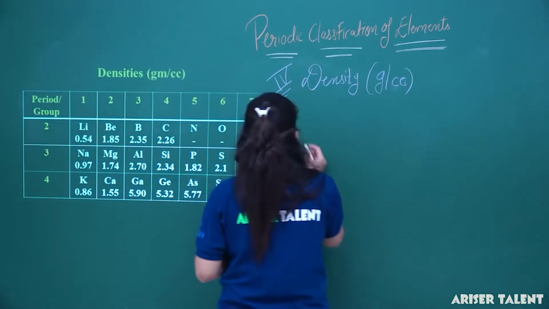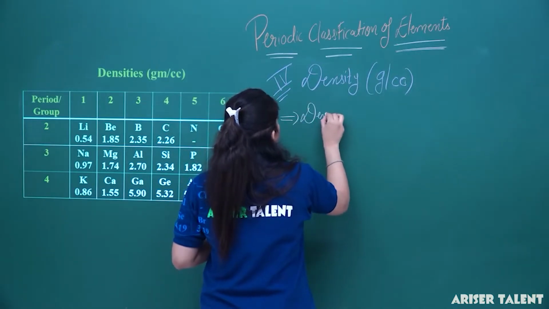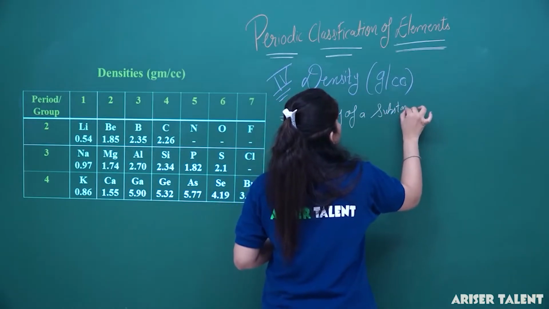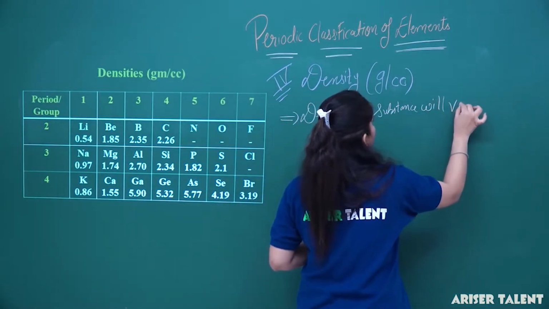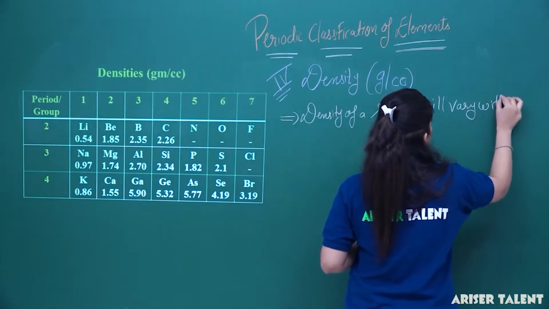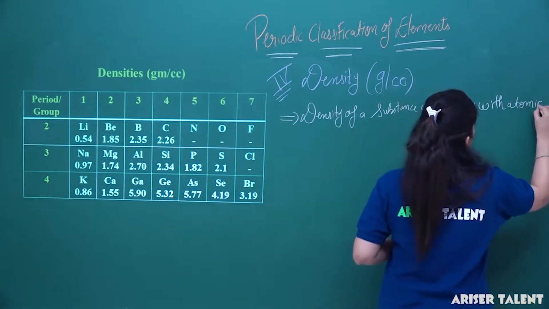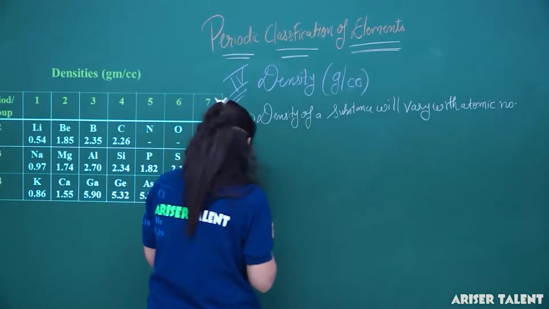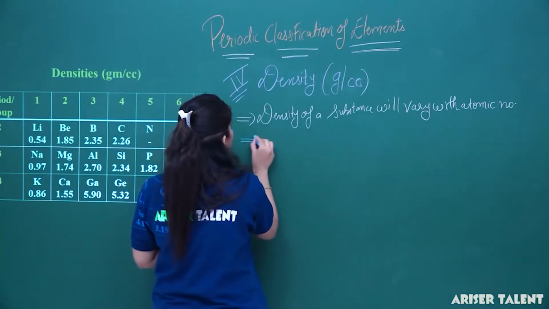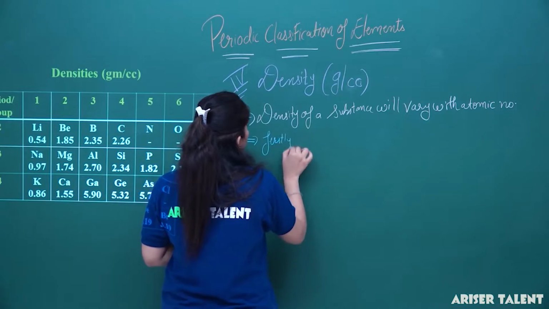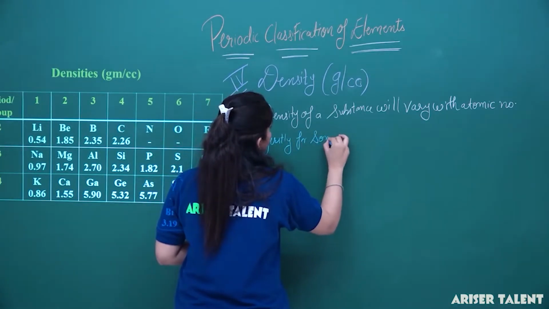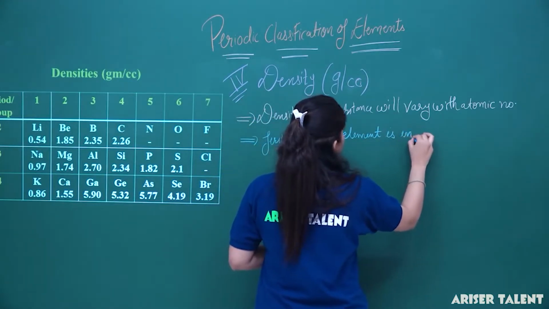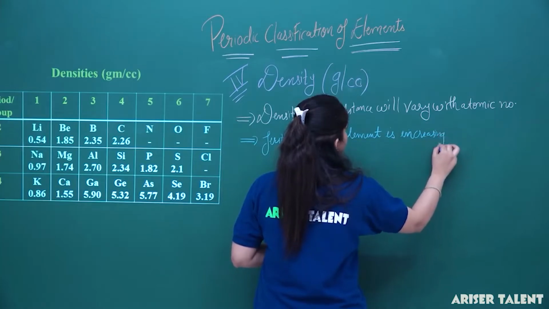So we can say that the density of a substance will vary with atomic number. So if the density varies with the atomic number, what will happen? Firstly, for some elements in the starting, it is increasing.